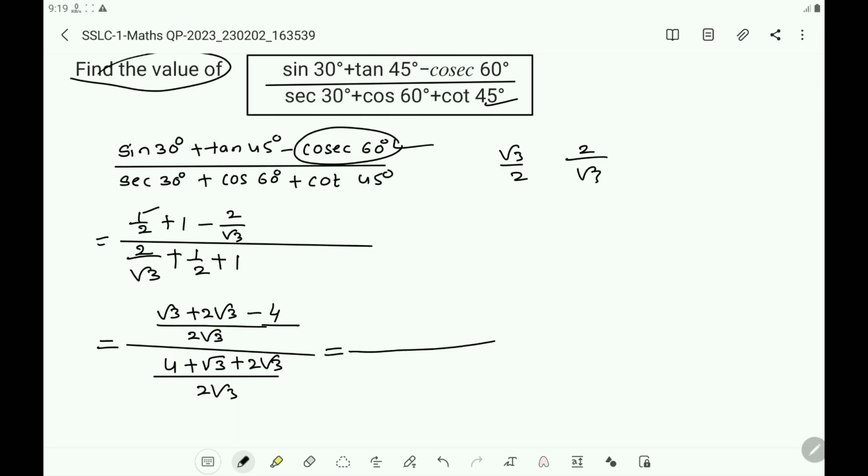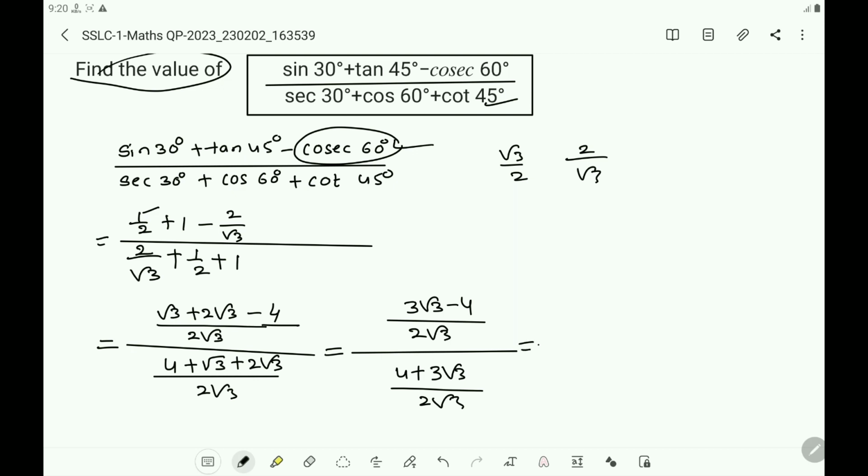Now you write the numerator here: root 3 plus 2 root 3 is 3 root 3, minus 4. Then divided by 2 root 3 here, and 4 you write as it is. 4 plus root 3 plus 2 root 3 is 4 plus 3 root 3.